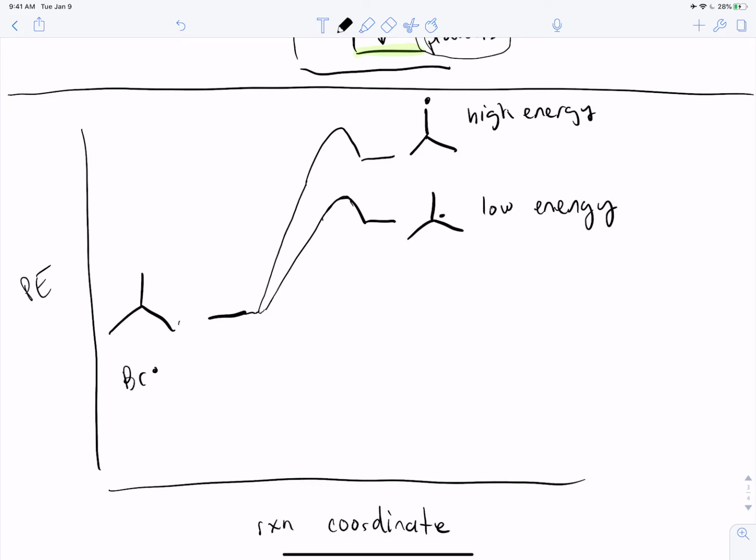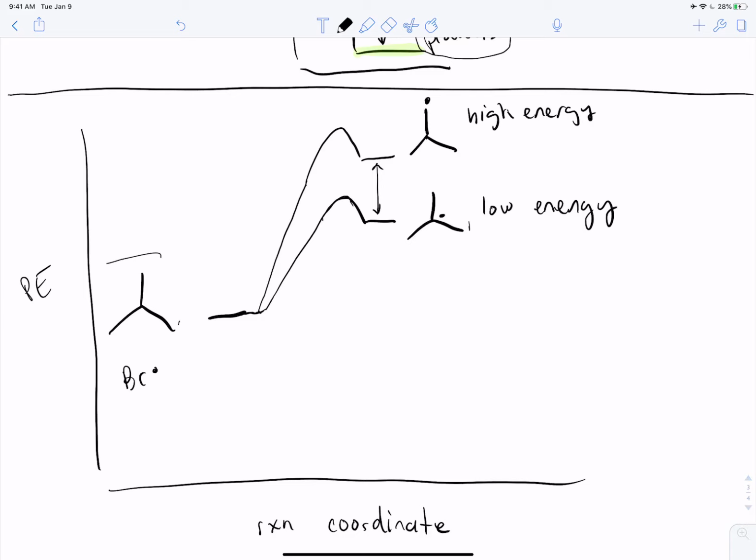If we're trying to look at selectivity through the eyes of separation in energy between the intermediates here, we need some separation in the energy. There's a potential energy difference between these. Then this might be what it looks like.